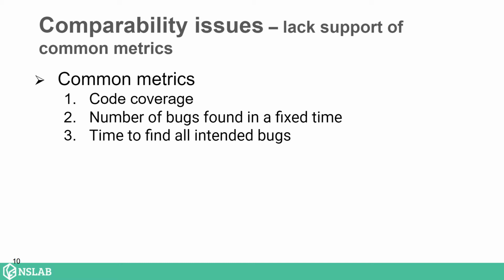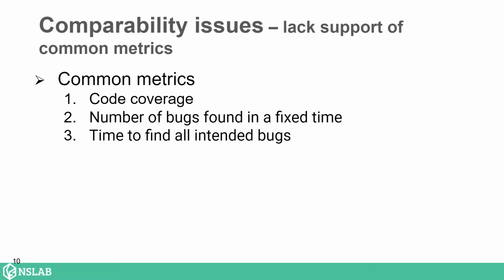Also, it expects the user to fix the bug before going on fuzzing. This makes libFuzzer hard to compare with other fuzzers over the same metrics. Here are some common metrics we have seen in fuzzing papers: code coverage, number of bugs found in the fix time, and time to find all intended bugs.